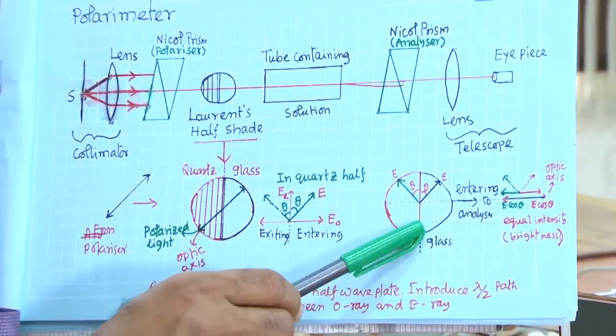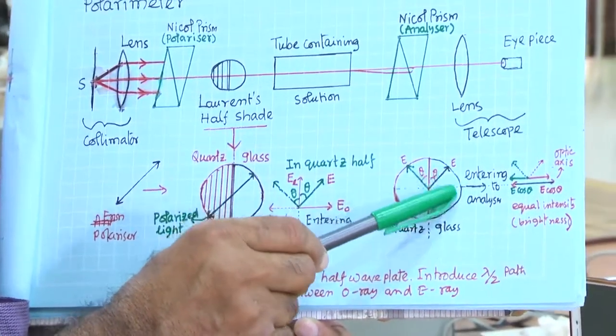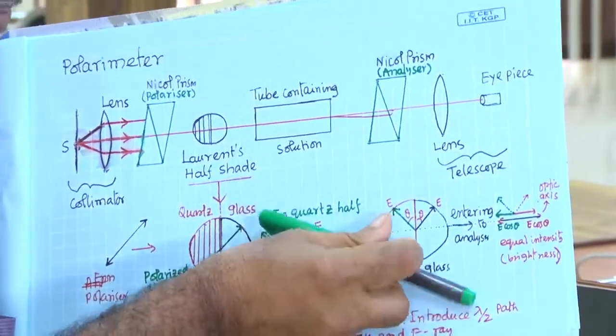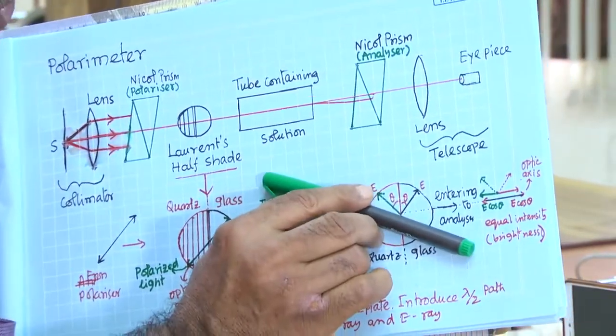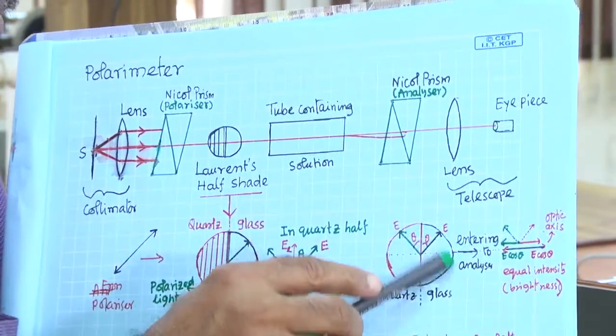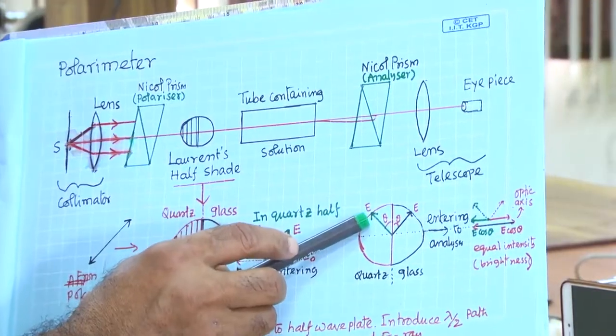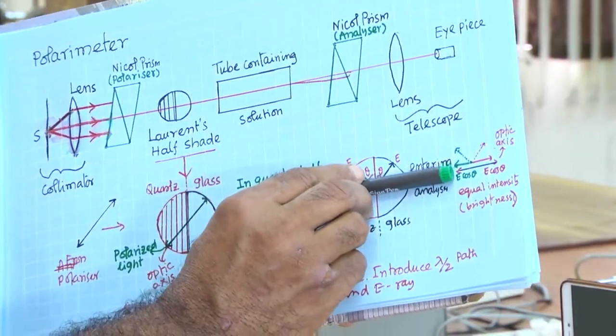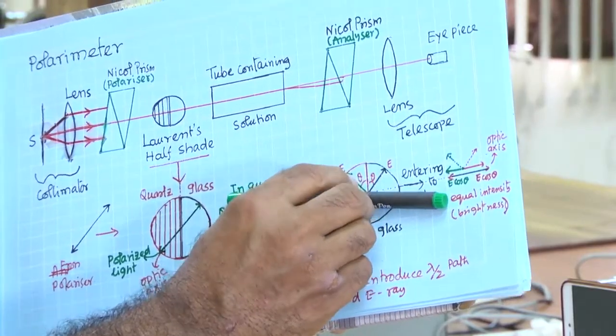Why equal intensity? Because these angles are the same. Now, when I rotate, for this position, the component from this half and the component from the other half are not equal. So you will see the variation of intensity of these two halves.